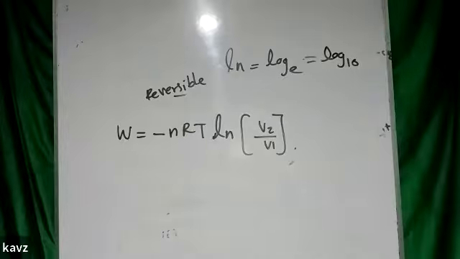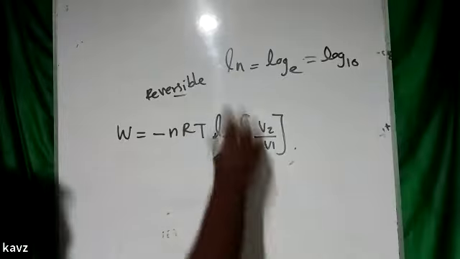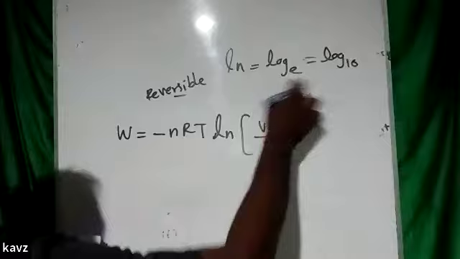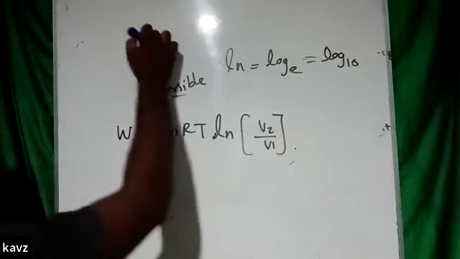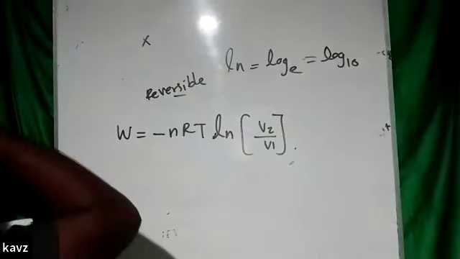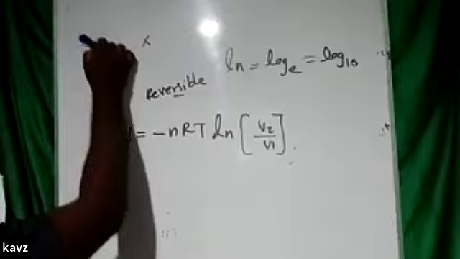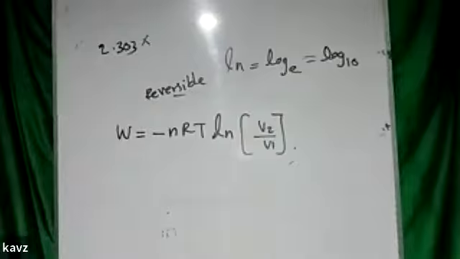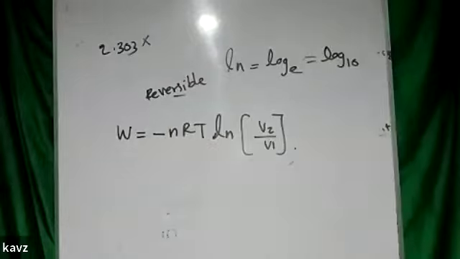You can convert ln, or log base e, to log 10 by multiplying the ln term by 2.303. When you multiply by 2.303, it naturally becomes log base 10.